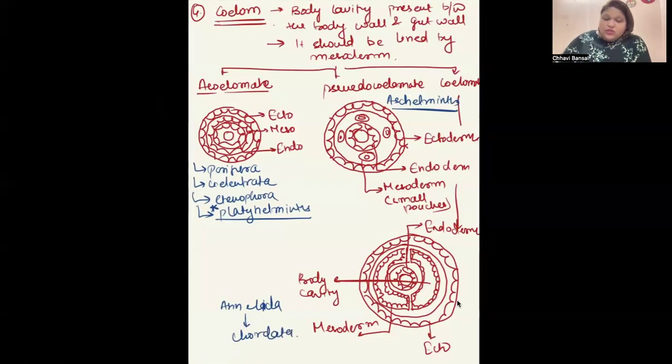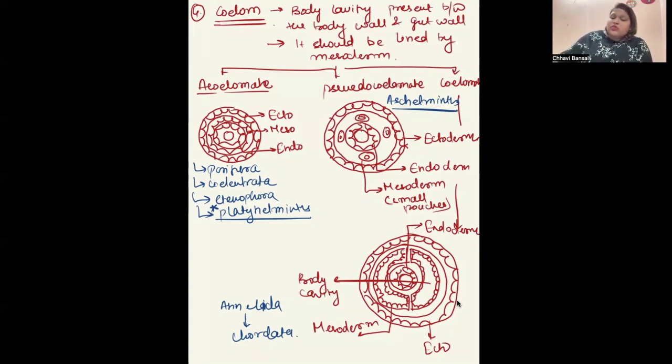So this is our next basis of classification: coelom or body cavity, which is either present or absent. If it's present, they are called either pseudocoelomate or coelomate, or if it's absent, they are called acoelomate. Now, what is the condition for coelom? It is the body cavity that should be present between the body wall and the gut wall. Second, it should be lined by the mesoderm.